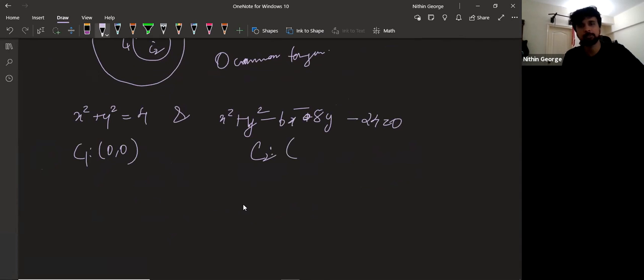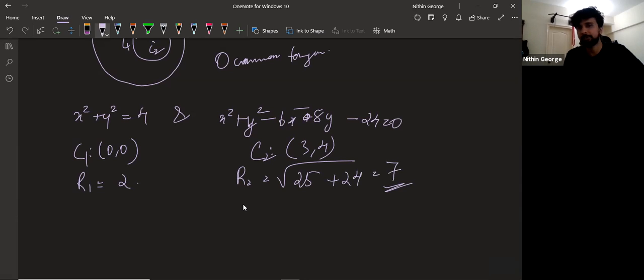C1 is here, C2 is here. That's (3, 4). Now R1 is 2. R2 is root of g square plus f square minus c, which is 25 plus 24, equal to 7. So C1C2 we get as 5.